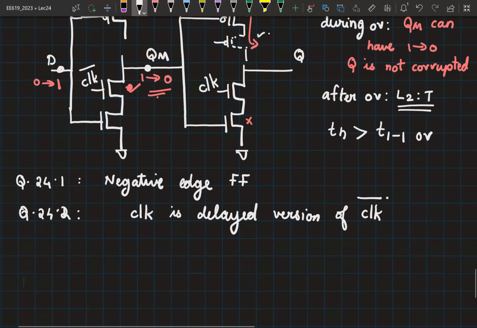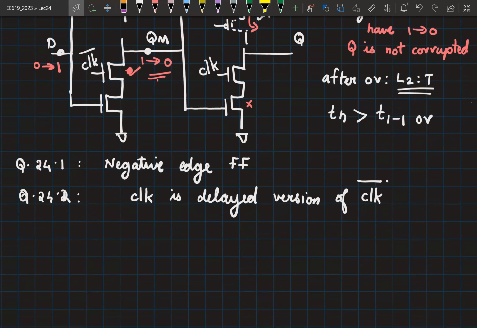Okay. So again, a lot of permutations and combinations are possible. You can assume that you have a negative edge triggered flop and clock bar is generated from clock. Positive edge triggered flop, clock is generated from clock bar. So a lot of questions are possible in this case.